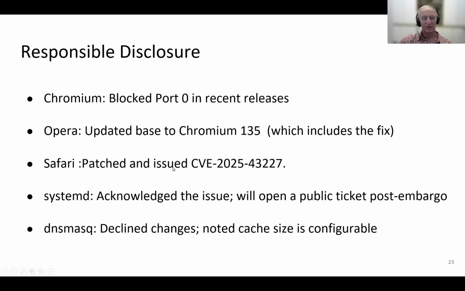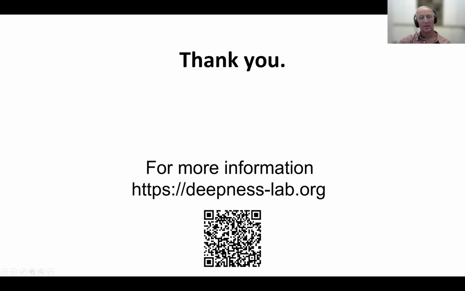Safari patched it and issued a CVE. systemd on Ubuntu acknowledged the issue and will resolve it soon. dnsmasq, the manufacturer of the forwarders on home routers, declined to make changes at the moment and suggested we increase the size of the cache. Increasing the cache size on the forwarders is not so easy because the cache size on home routers is very expensive and comes in hardware units.